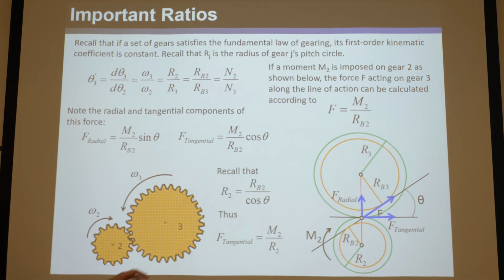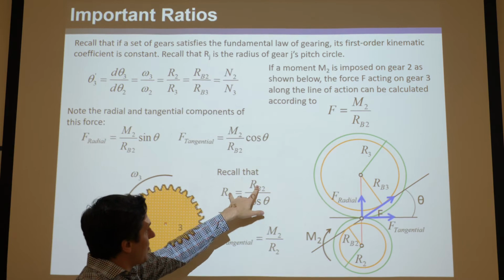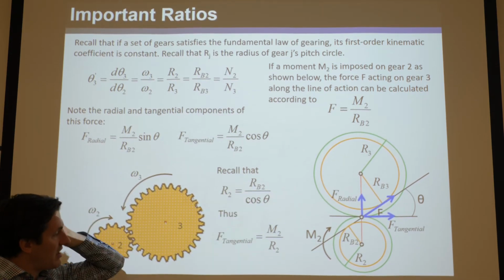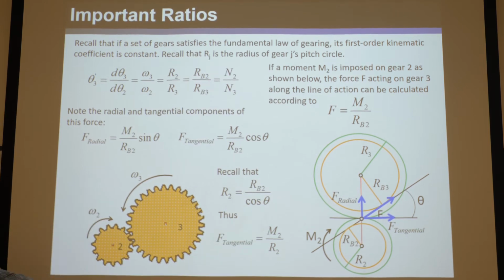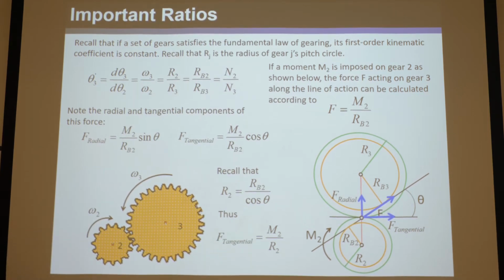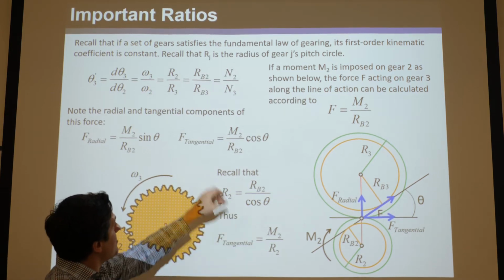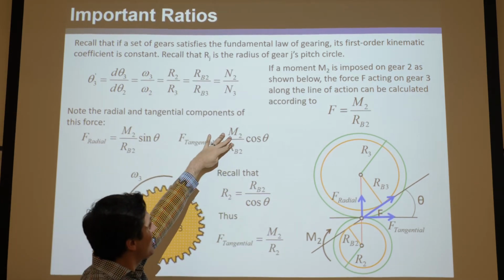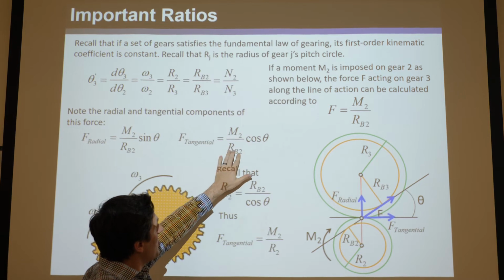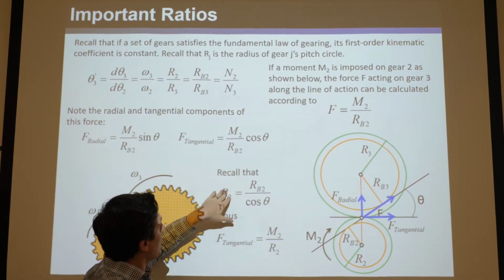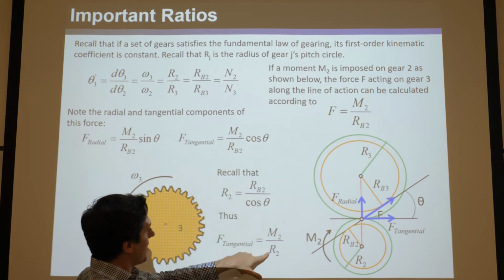Okay, so recall this. This is the relationship between the base circle and the pitch circle for any gear where you have the pressure angle theta. And knowing that, you can say, well, hey, let's look at F tangential here. F tangential was this. And notice here, RB2 divided by cosine theta is R2. So you can just replace these guys by this.